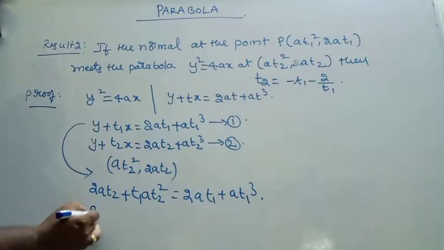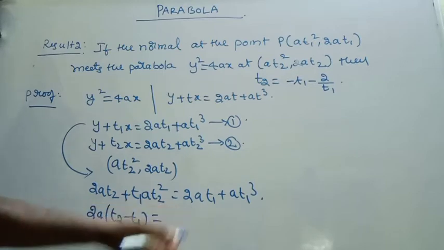From this we will be having 2a(t2 - t1).